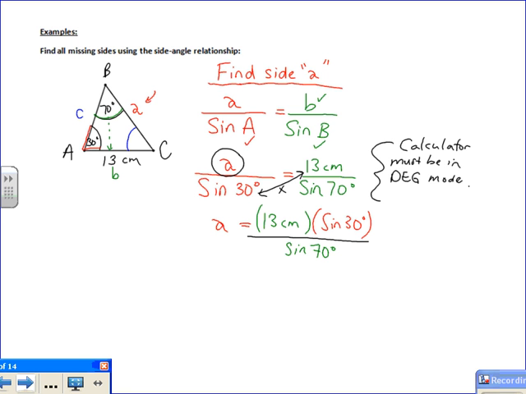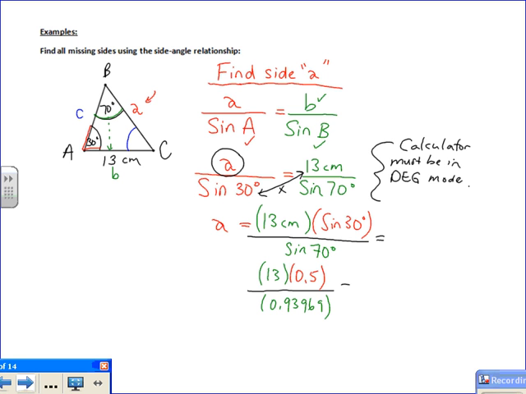13 times sine of 30, divided by sine of 70. Let me go ahead and put in the values just in case you're checking your work right now. So what we'll get here is 13 times the sine of 30 is equal to 0.5, divided by the sine of 70, which is equal to 0.93969 if I leave a few decimal places there.